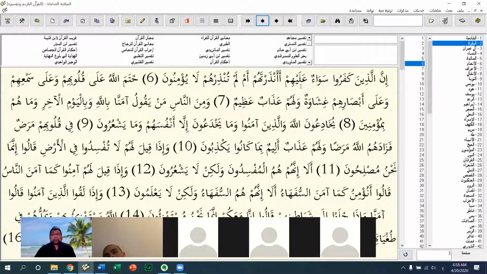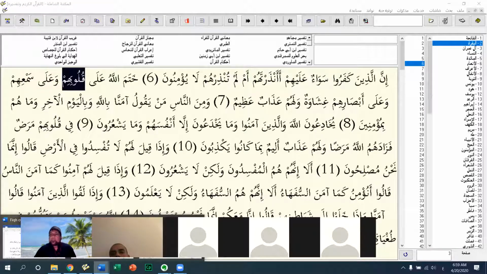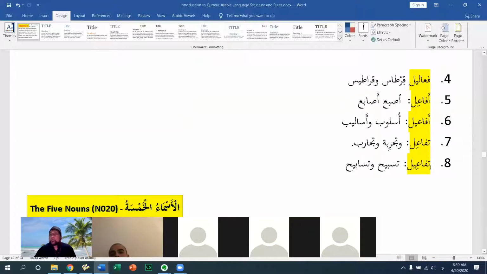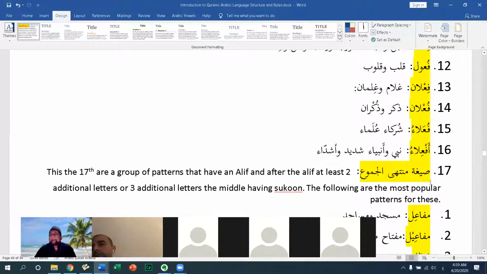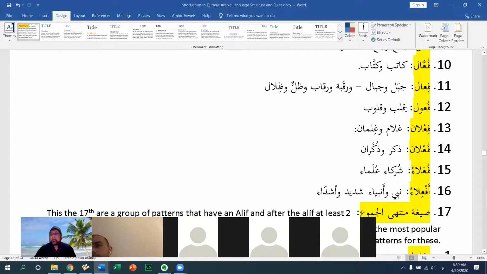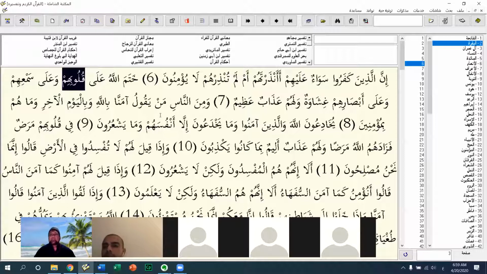Okay, let's look for qulub. Qulub is plural. Qulubihim. What's the singular? Qalbun. What's this pattern? Fu'ulun. So if we go back here and look, fu'ulun. And we actually use qalbun wa qulubun here as the example. Qalbun wa qulubun on the pattern of fu'ulun. So the point is that you learn them each one by themselves.